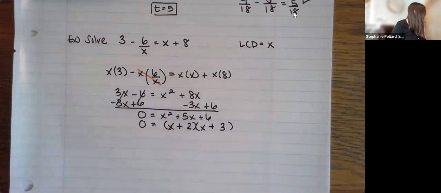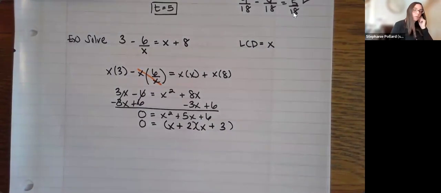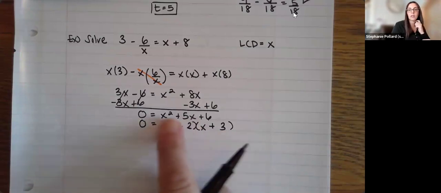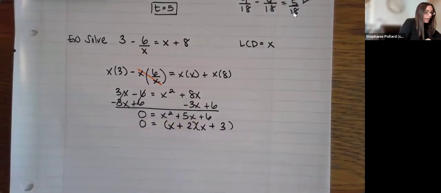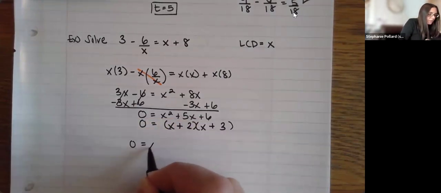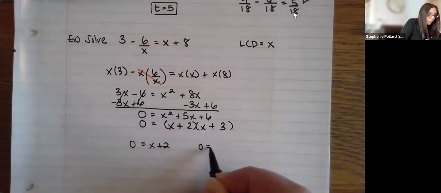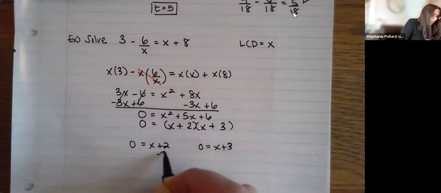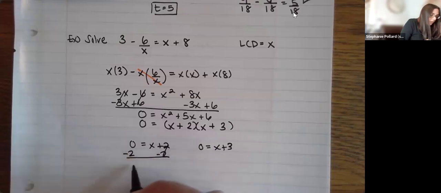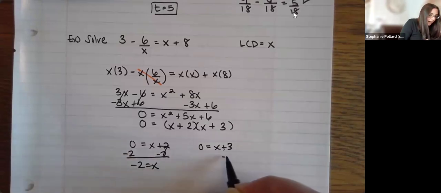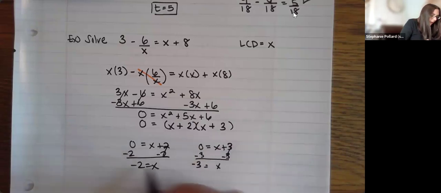The way that this one will factor is as positive 2 and positive 3 here, and you can always check by multiplying it back out and making sure it matches. And then once you have your factors, you can set each factor equal to 0 and solve. So here I subtract 2 from both sides. Here I subtract 3 from both sides. And I have my 2 solutions here.